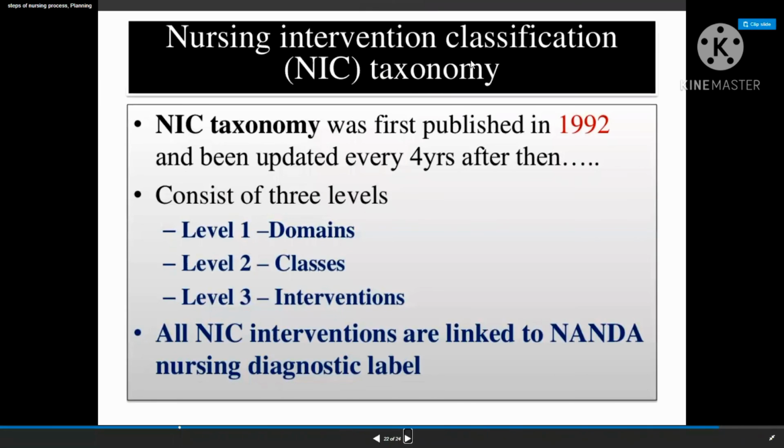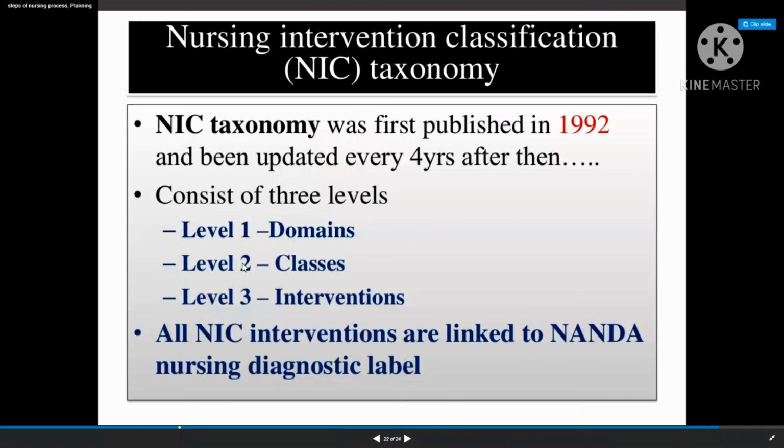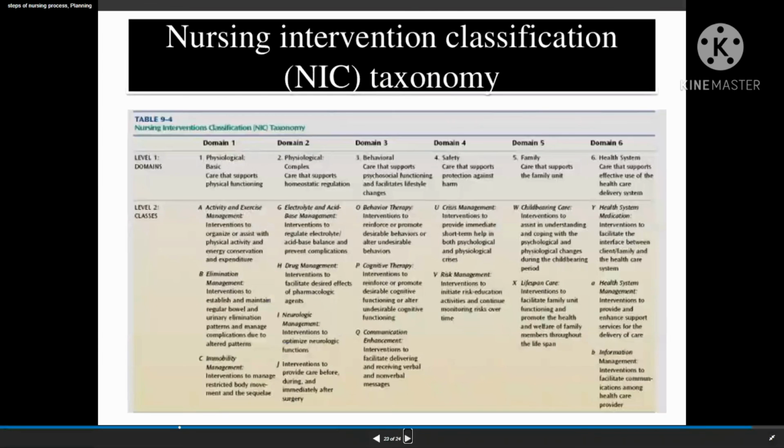Then, the Nursing Interventions Classification. This was first published in 1992 and has been updated every 4 years since. It consists of 3 levels: level 1 are the domains, level 2 are the classes, and level 3 are the interventions. These are all linked to NANDA.